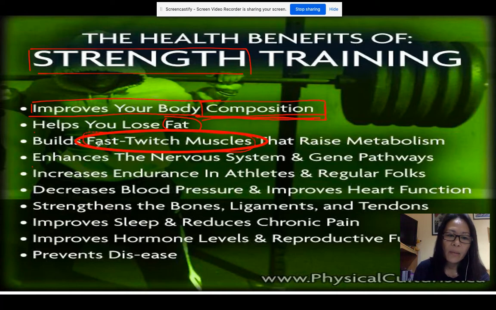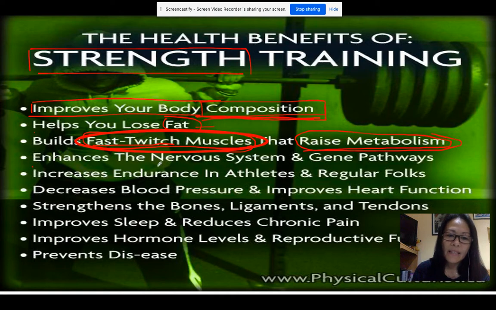Ito yung the meat of strength exercises. You want to generate fast twitch muscles to generate more power, no? And since fast twitch muscles are fat burners, it also raises metabolism.